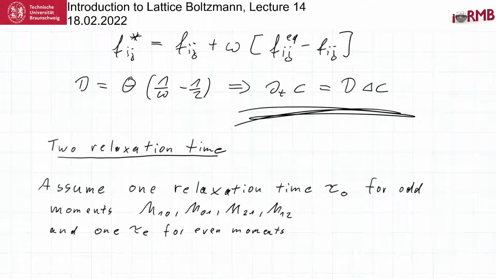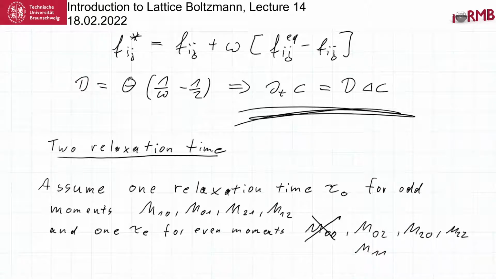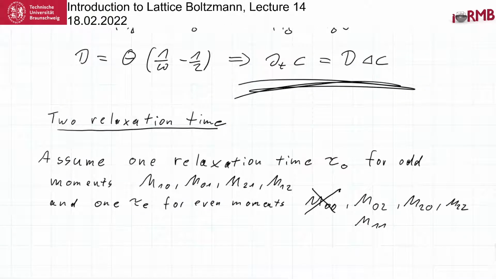So the zero order moment M00 is an even moment, but this is not relaxed because it's conserved. So we don't have this one, but we have M02, M20, and we have M22. In principle, we have also M11. Okay, we have also this one.